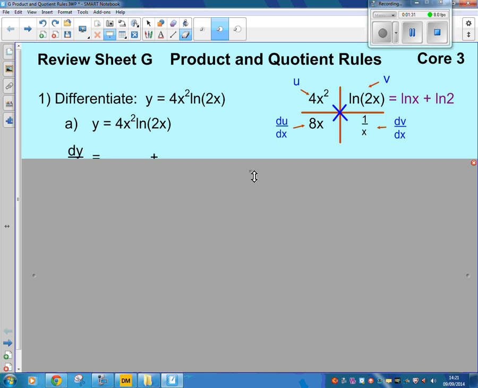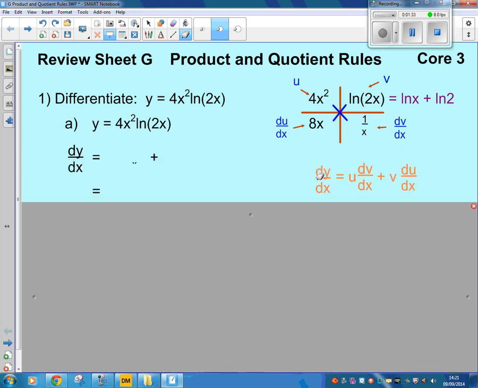Now, the product rule says that dy over dx is u times dv over dx plus v times du over dx. That's a technical way of doing it. What you're actually doing is, this is your u, you're multiplying it by the dv over dx. You're multiplying 4x squared by the 1 over x. Then here, this is your v times your du over dx.